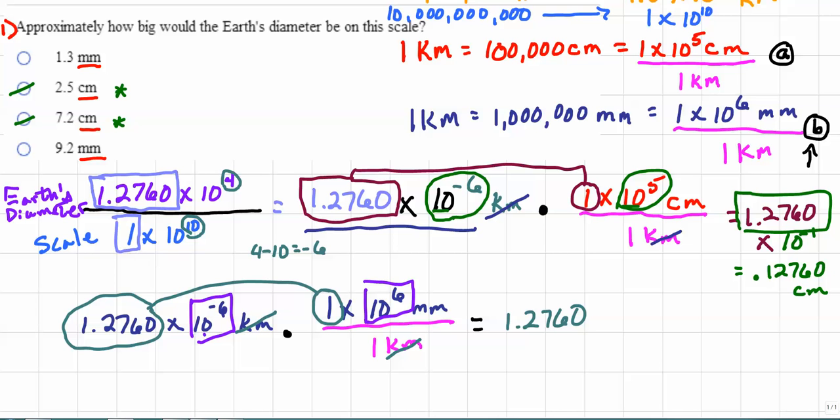Remember, if the bases are the same and you're multiplying, you simply are going to add the exponents. And I have -6 plus 6, which is 0, which means that I'm looking at times 10 to the 0 power, which is the same thing as saying 1.2760 millimeters. Notice that the only possibility will be this answer right here, 1.3 millimeters.